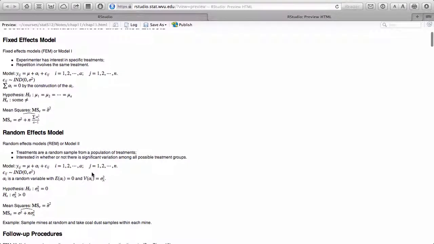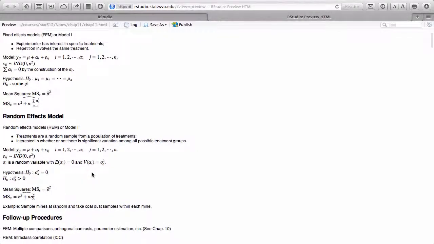Let me just very briefly review where we've come from. We're talking about two types of models, the random effects model and the fixed effects model. The fixed effects model is what we have done. Looks like I'm inconsistent in my title headings. I'll have to go back and look at that.